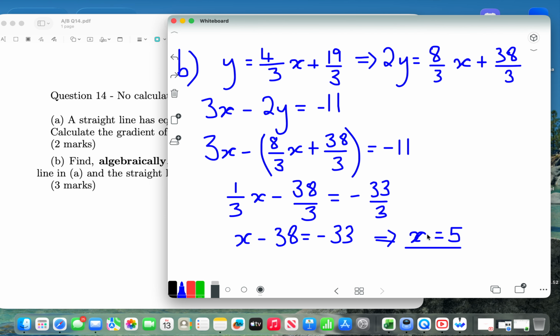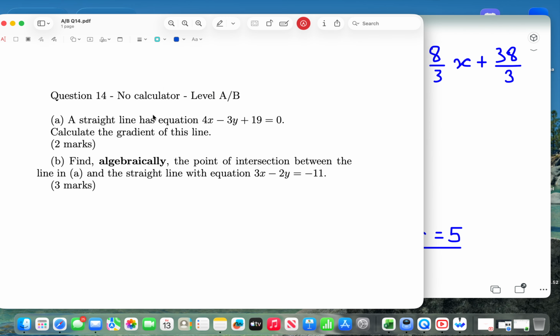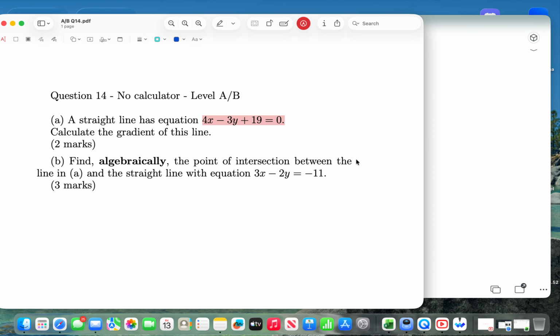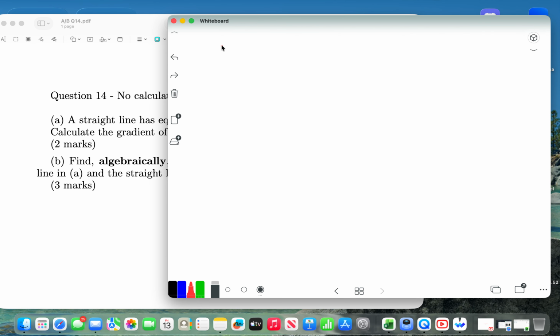And we can then plug this into any of the two equations. Remember, this equation is just a modified version of the equation in A, because we rearranged it to find it in the form y equals mx plus c. So I think this method I've done is the easier method of solving these.